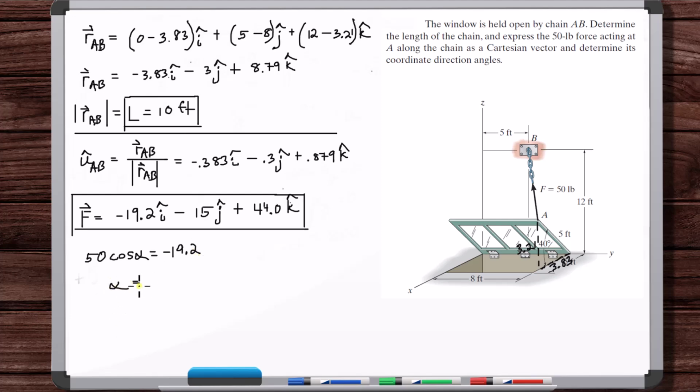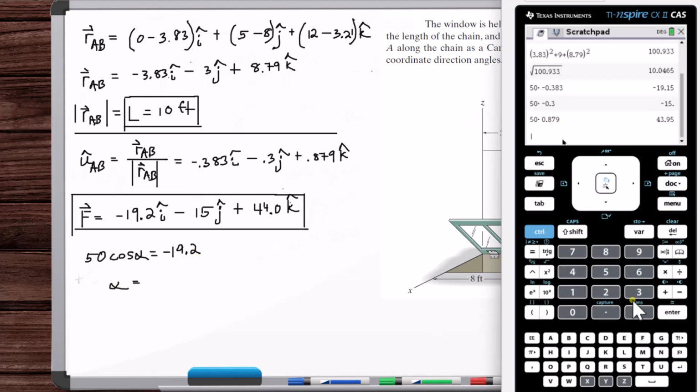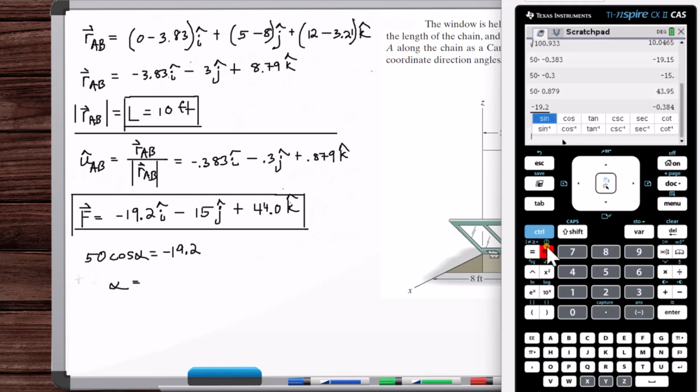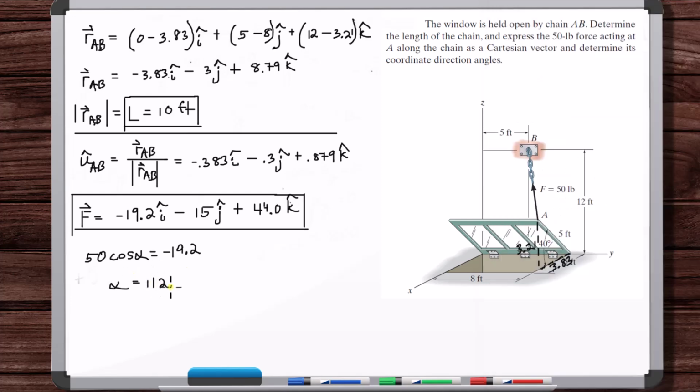So alpha is 112.6. Okay, we know that 50 cosine of beta is equal to minus 15.